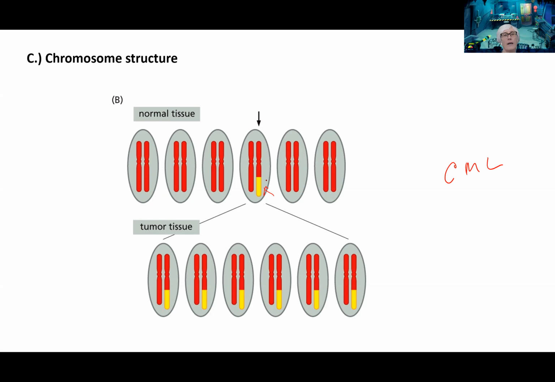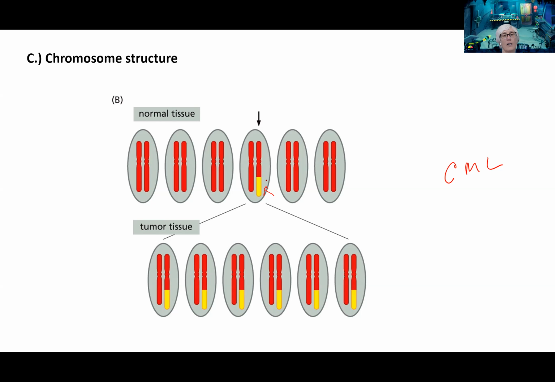When we look at the cells that comprise a CML cancer, all of those cells have chromosomal translocations. Chromosomal translocations are in and of themselves very rare. But in addition to having chromosomal translocations, all of the cells within this CML have the same chromosomal translocation.